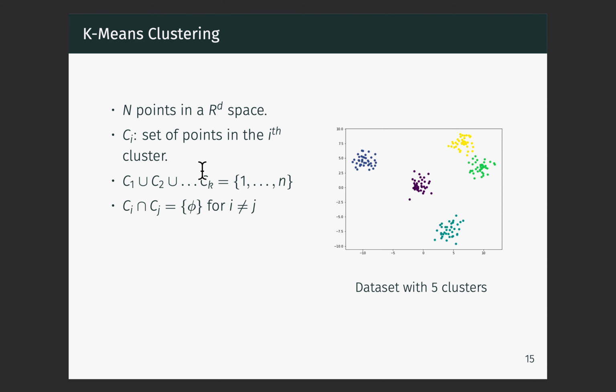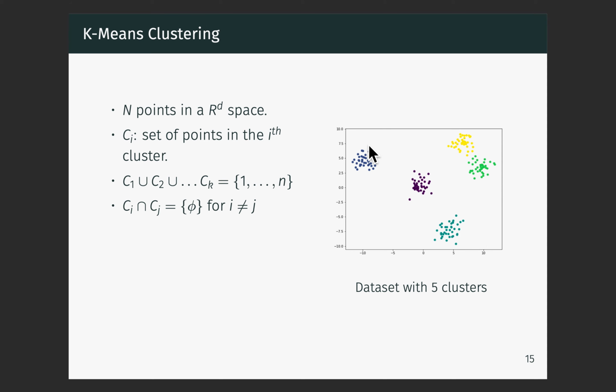And then you would expect, this is an important property of clustering, that the union over all of these clustered sets is the set of all the points, because you want to cover the entire space. And the intersection between any 2 different clusters would be the empty set, because the point is uniquely assigned to each cluster. So what this says is that a point is unique to each cluster. Second, each point in this input data is assigned to some cluster.